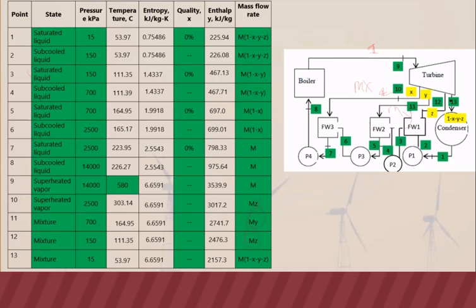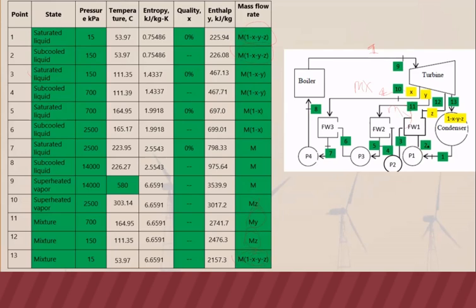And then at 13, because of the extraction, the remaining here will become 1 minus x minus y minus z times the mass flow rate. So you can see now that point 13, point 1, and point 2 have the same mass flow rate.